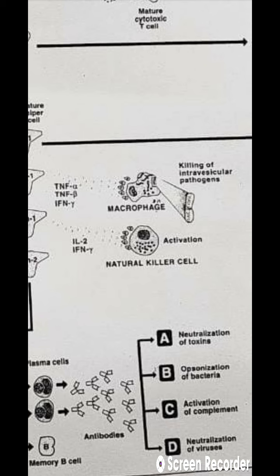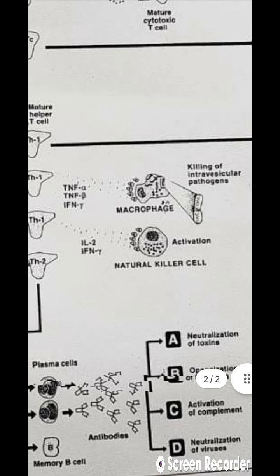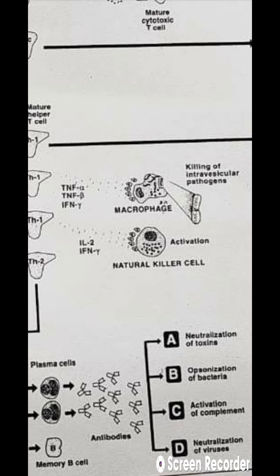They release some enzymes, lysozymes, and kill the bacteria, killing intravesicular pathogens. You know the function of the macrophage: they engulf, then there is phagolysosome formation, and with the help of lysosomal enzymes, they degrade the intracellular bacteria.